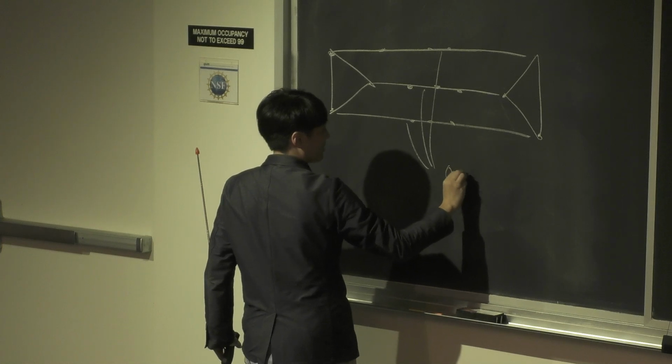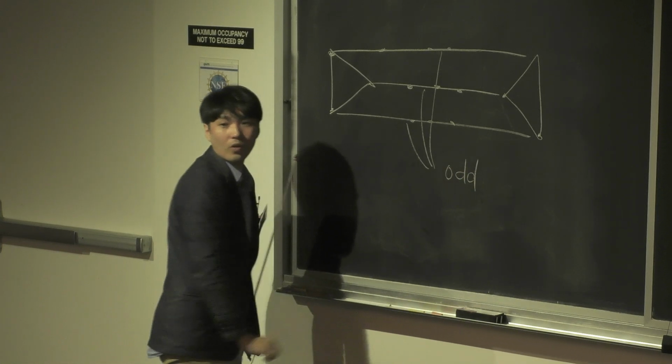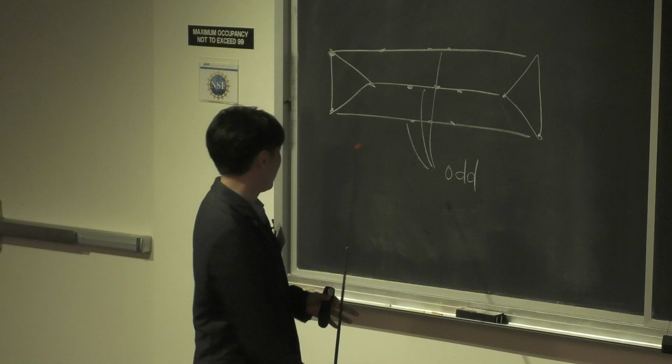The lengths are odd, so we call this an odd prism.